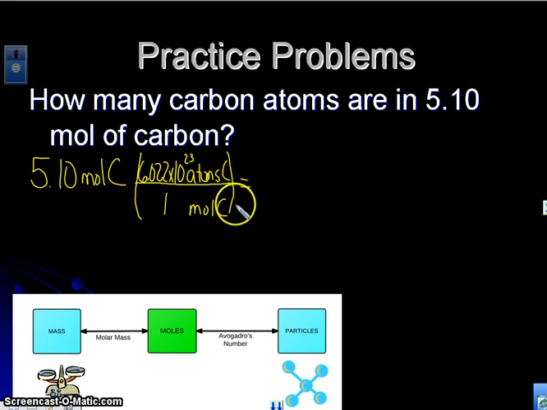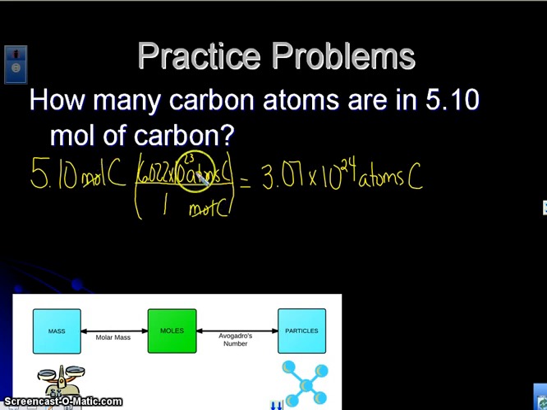Now you should pull out your calculator, multiply this, and make sure that you're getting the same answer. Pause the video if you need a moment to do that. And then check your answer. And you should have 3.07 times 10 to the 24th atoms of carbon. You can see that the moles cancel, and you're left with atoms as your unit.